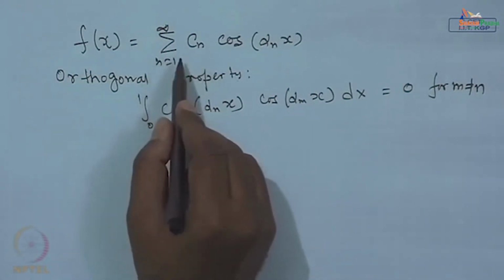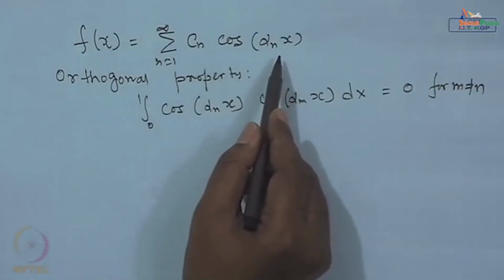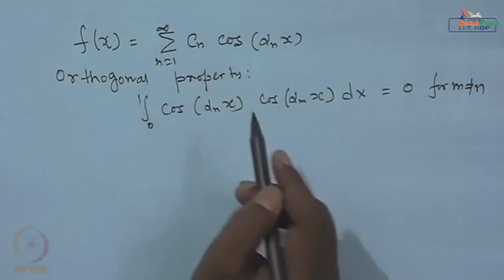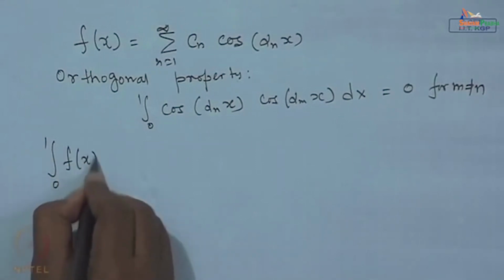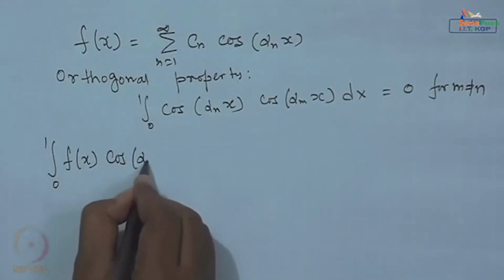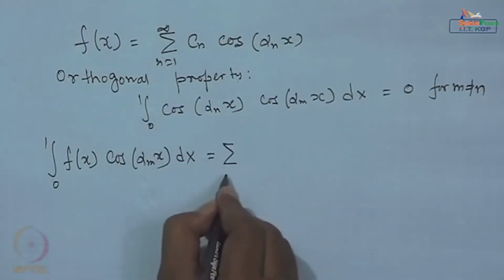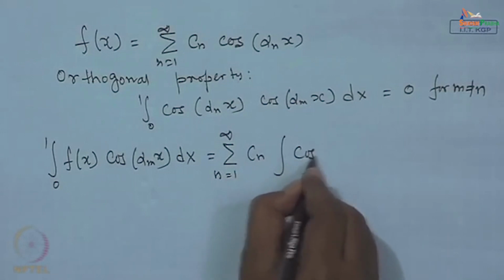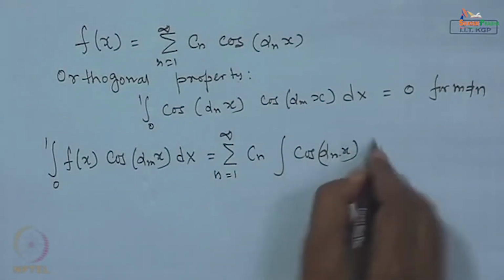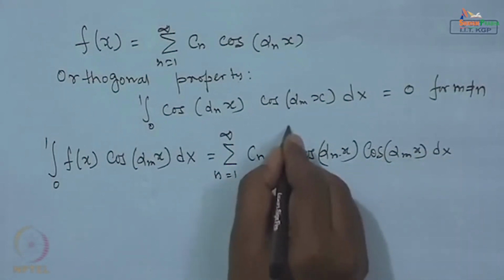So, if we multiply both sides by cosine alpha m x dx and carry out the integration from 0 to 1 over the domain of x, we get n is equal to 1 to infinity C n integration cosine alpha n x cosine alpha m x dx from 0 to 1.